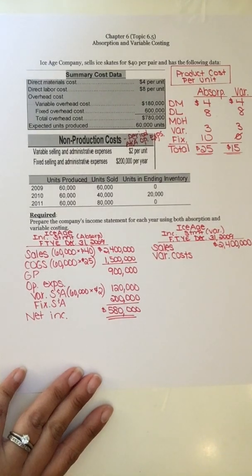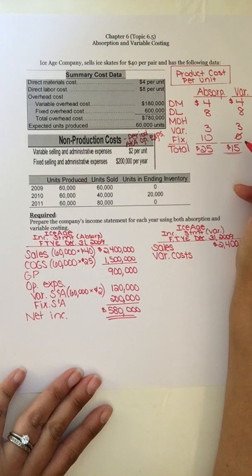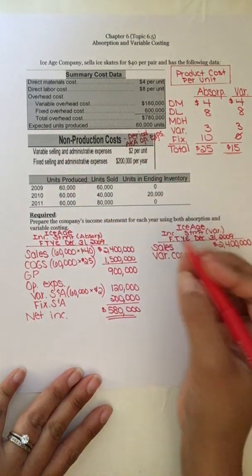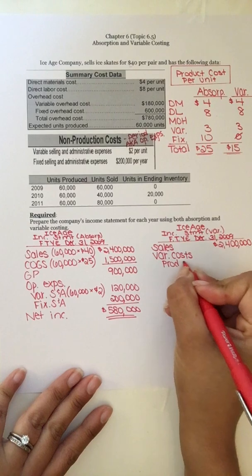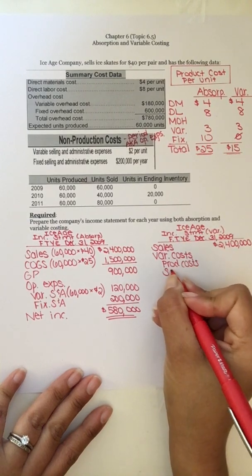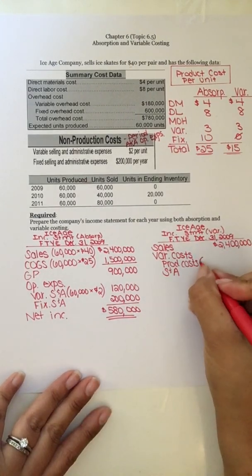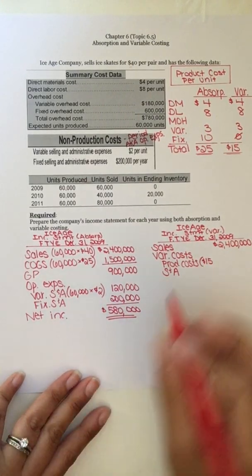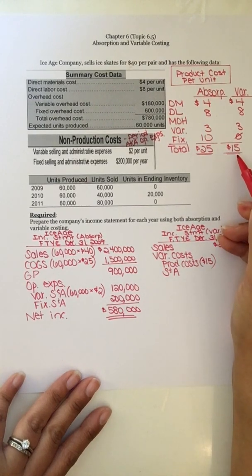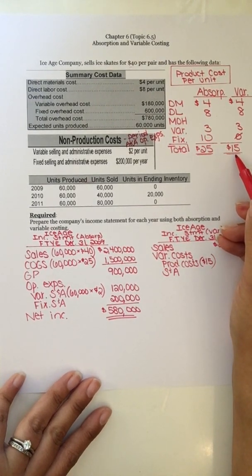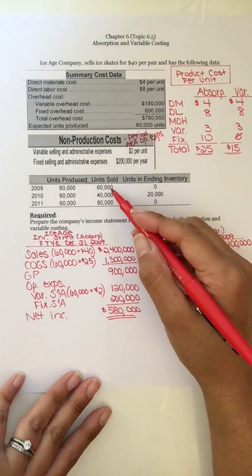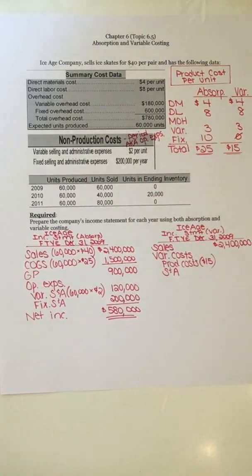Give yourself some room because you have two types of variable costs: your variable product cost and your variable selling and admin. Your product cost is $15 per unit. We got that from our unit computation up here. So 15 times the number of units sold, 15 times 60,000, and we should get $900,000.